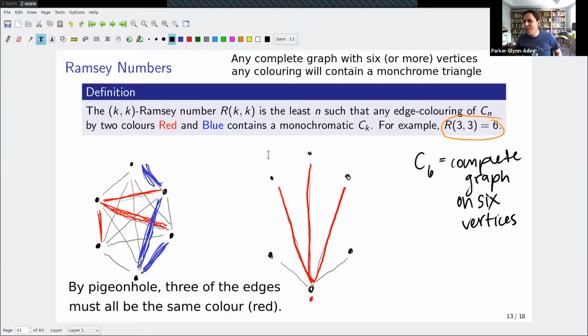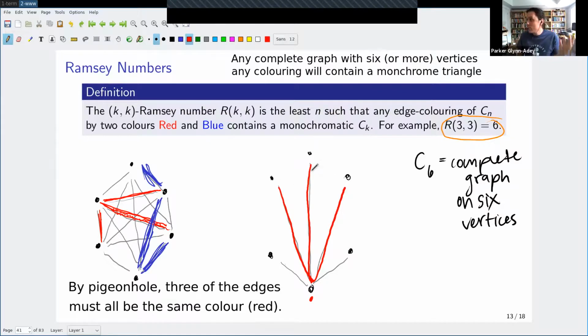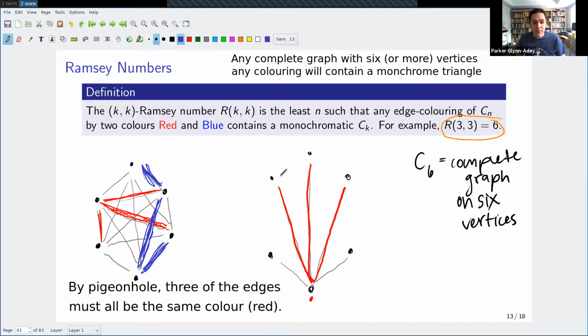Okay. Oh yeah, Harshit's getting it. Harshit's like one step ahead. So if this edge is red, then right now we've got our red triangle. If this edge is red, then we've got our red triangle. If this edge is red, then we have a red triangle. So if one of these guys is red, we're good. If they're not red, they have to be blue.